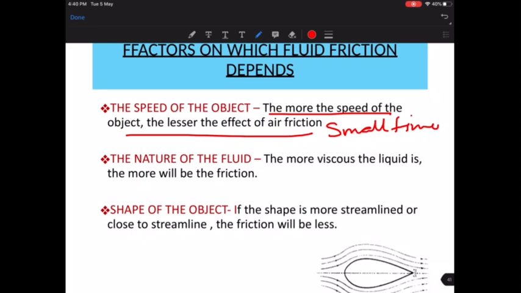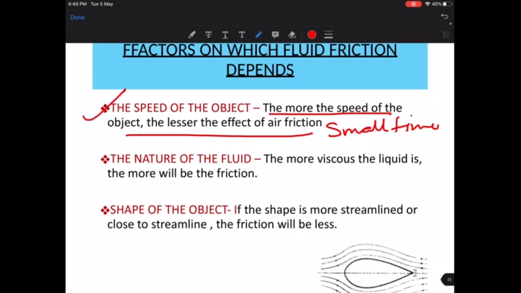If you increase your speed, you are reducing your time in the air, and by reducing the time in the air you are reducing the friction. Suppose there is some fire: will you walk slowly, or try to cross it as quickly as possible? So the faster the speed, the lesser the effect of air friction. Is the first point understood?